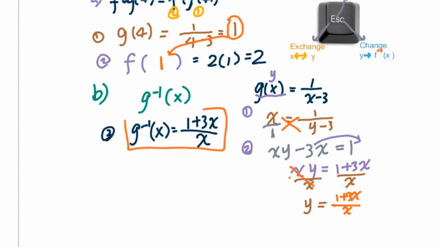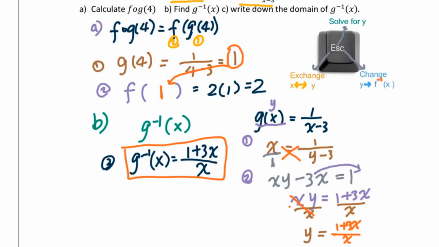This is the answer for B. For C, write down the domain of the inverse of g of x. So check over here, this is a rational function. The domain for a rational function is to make the denominator not equal to 0. Therefore, this will be the answer for C.